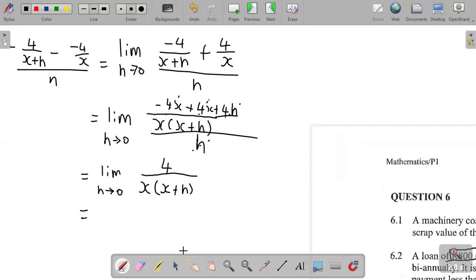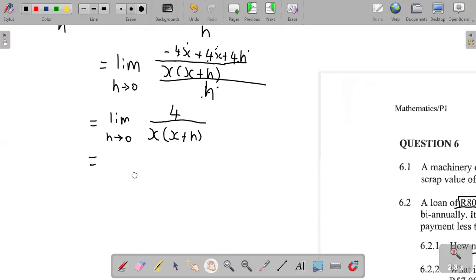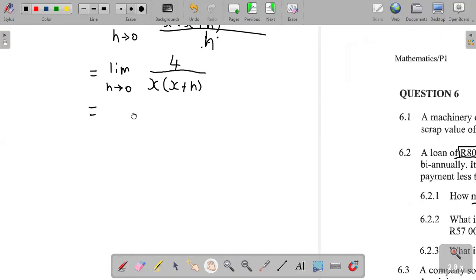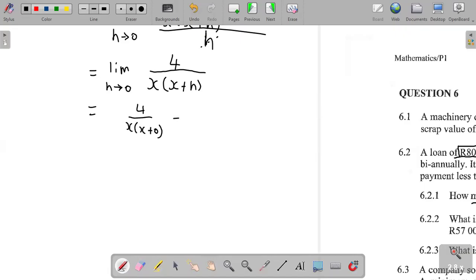So then this thing becomes equal to, we substitute h here, okay? We substitute h and we get 4 into x plus 0 equals to 4 over x squared. That's what we get. So that is the derivative that we have here.